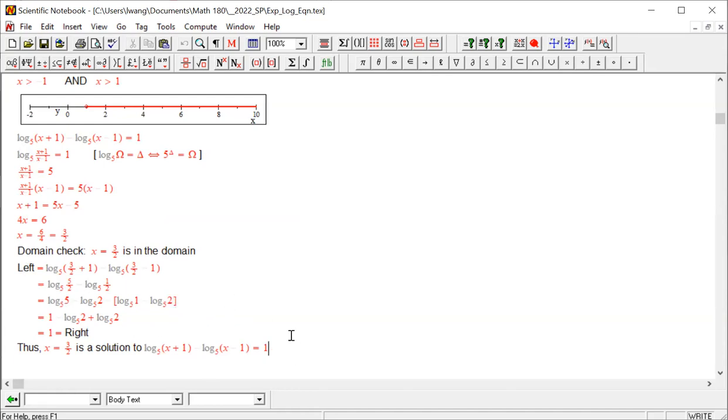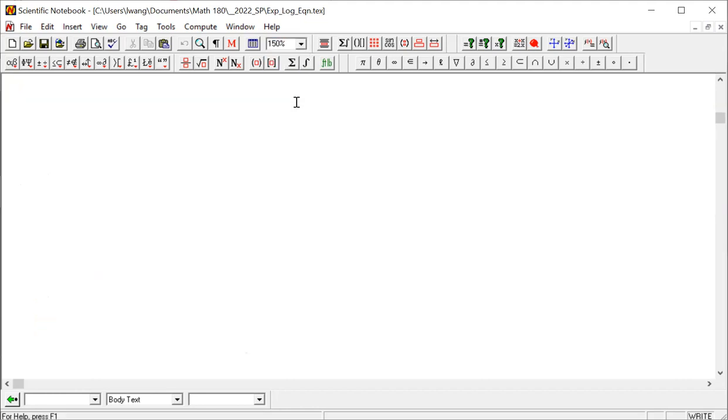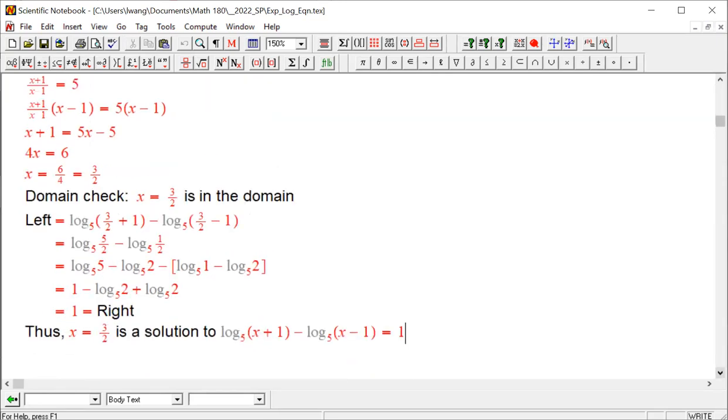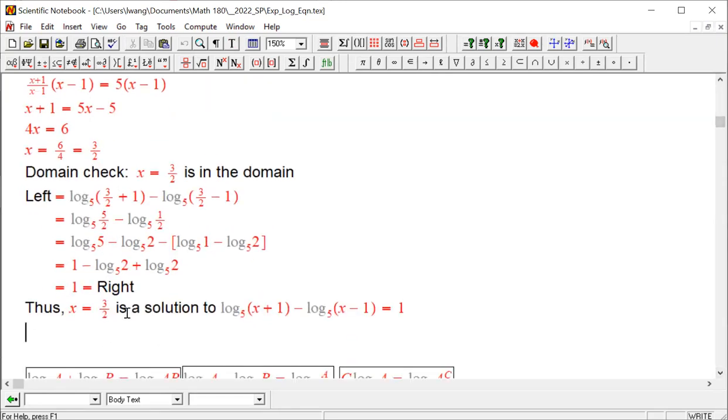And this is the typical requirement of doing these kinds of questions, okay? You first determine the domain, and once the domain is determined, everything is done in the domain. So that's the second example. Sometimes we get to use a product rule, quotient rule. Sometimes you get to use the power rule to make a single logarithm.